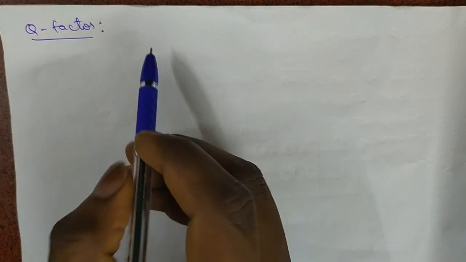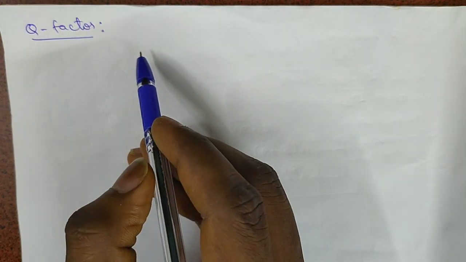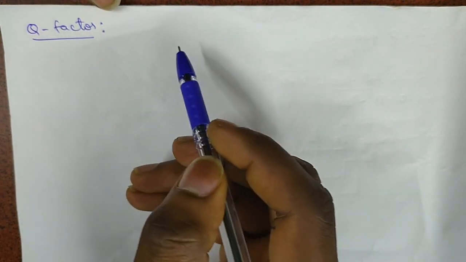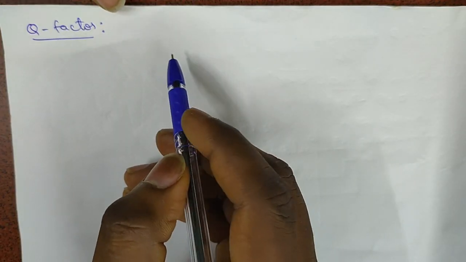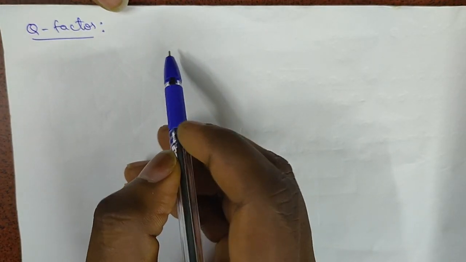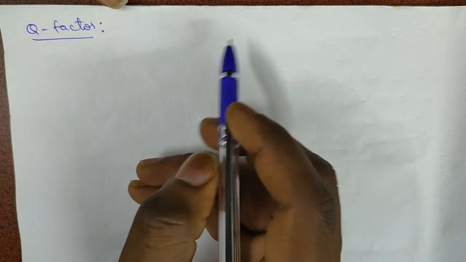Before starting AC bridges, the term you need to know is quality factor. The quality factor is the measure of how good an inductor or a capacitor is in a circuit while storing the energy compared to losing the energy.